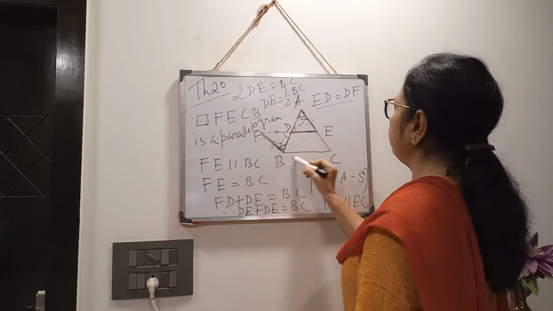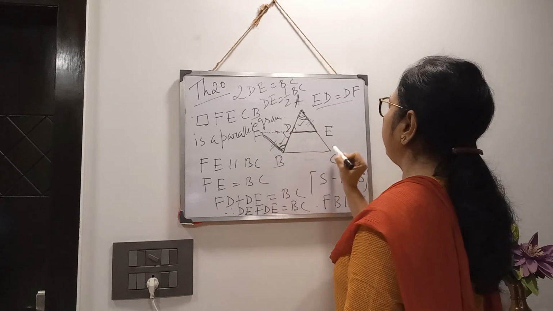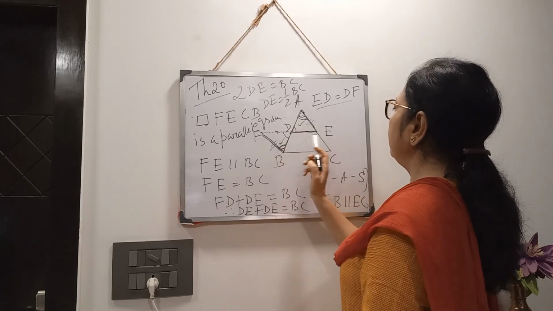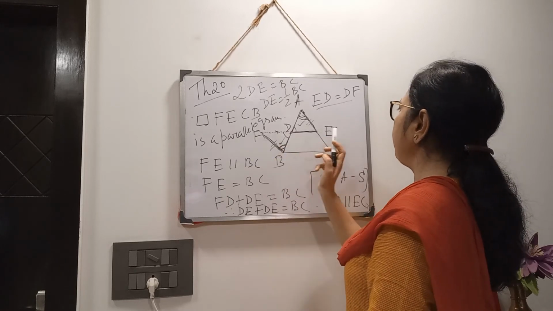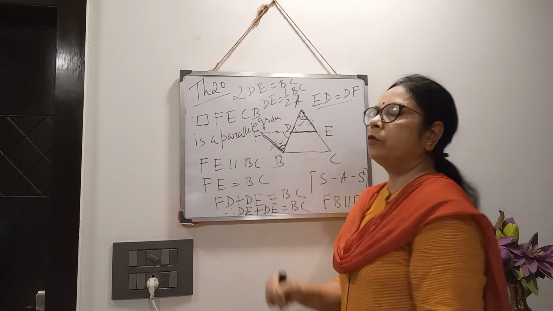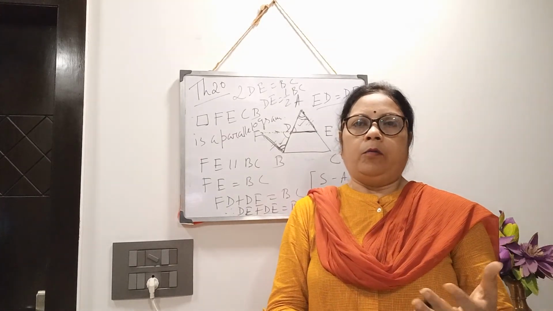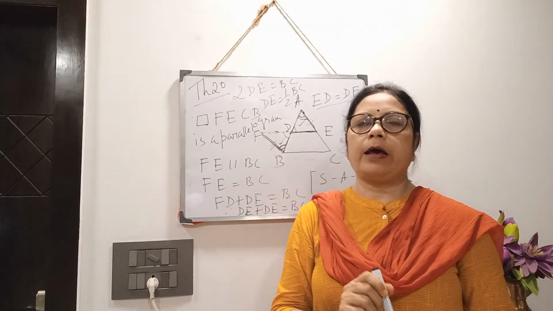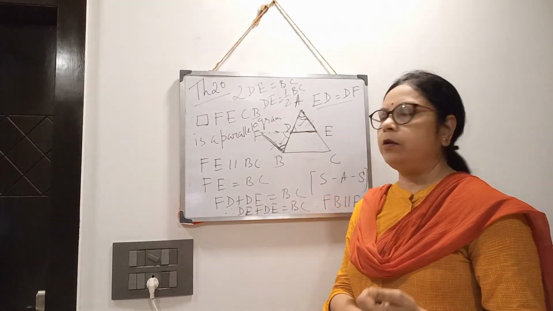Now we will take this quadrilateral BFEC. In this quadrilateral, side FB equals EC and FB is parallel to EC. Clear? So you know, in any quadrilateral, when any one pair of opposite sides is parallel and equal, then it is a parallelogram.